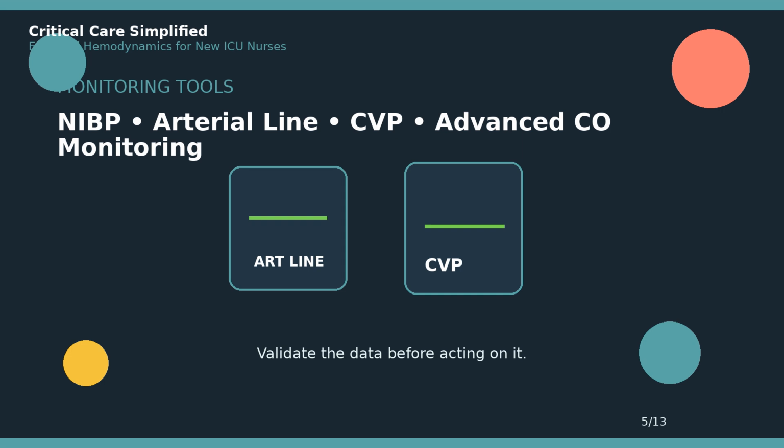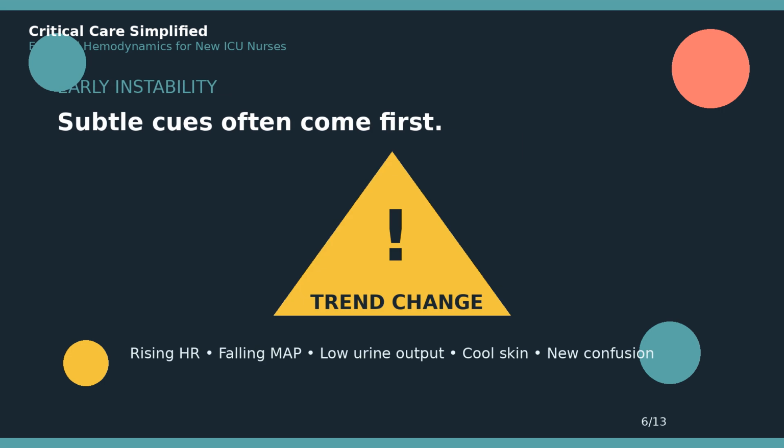Urine output is one of the most practical indicators of perfusion. The kidneys need blood flow to make urine. A drop in urine output can be an early warning sign that the kidneys are not being perfused well. Central venous pressure, or CVP, may be used in some patients to estimate right-sided filling pressures. CVP should not be interpreted alone.